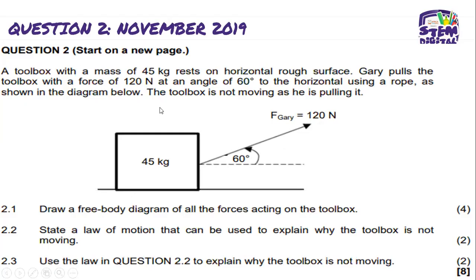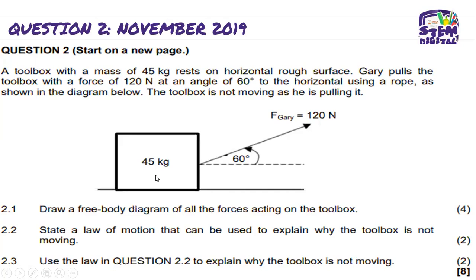And we know if an object is at rest, and it remains at rest, it means the net force that is acting on this object is 0 newtons. So the net force here is 0. And if the net force is 0, remember, it does not mean the forces are not being applied. There are forces that are being applied, but these forces are balanced.